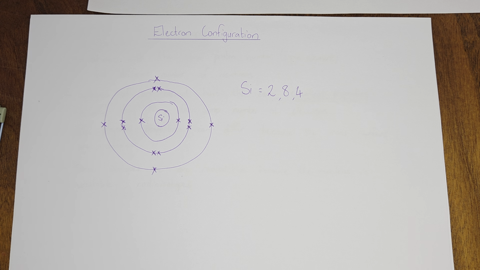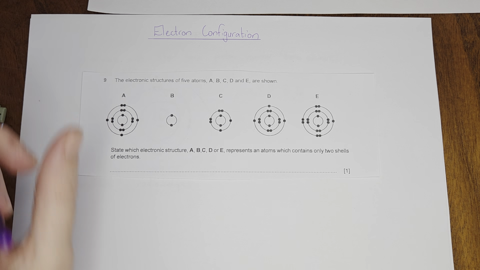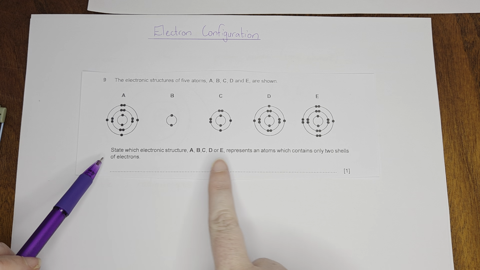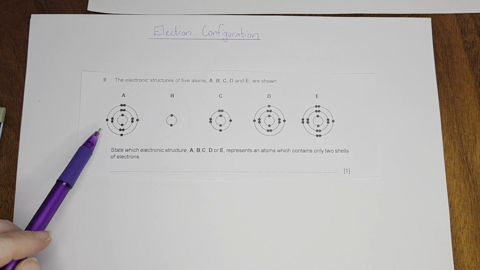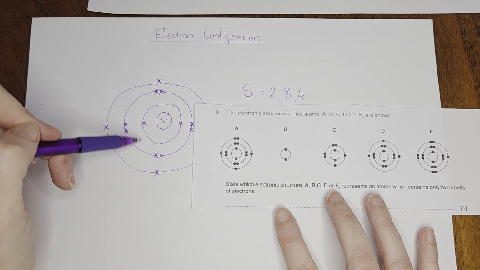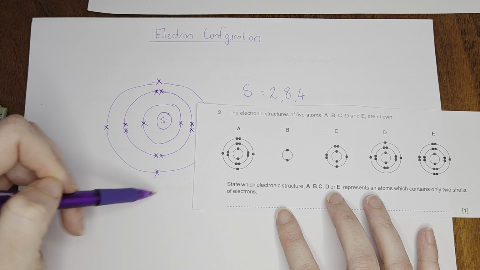Something else that you might see is some multiple choice questions like this, where they want to know which of these atoms from A to E is an atom that only contains 2 shells of electrons. Remember, each circle that we have is a shell.